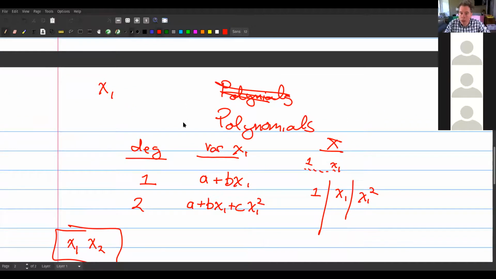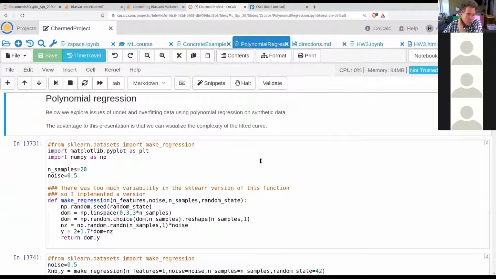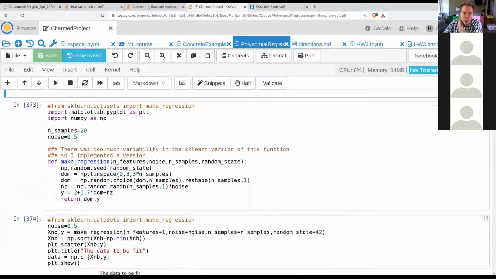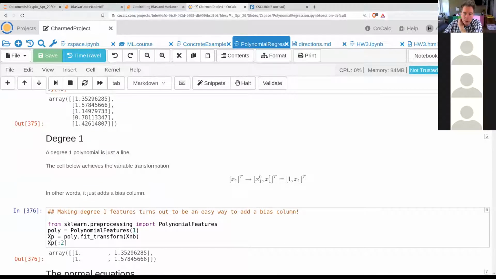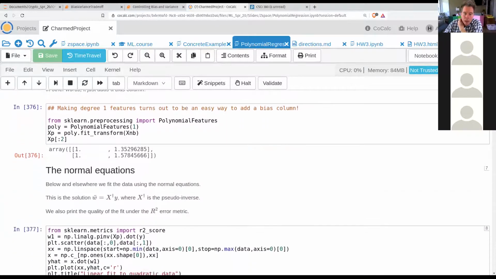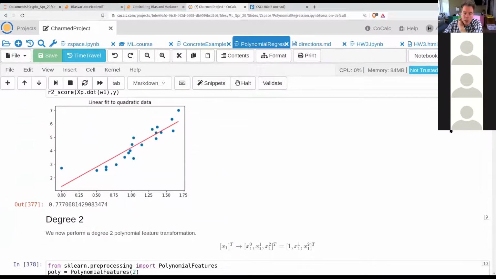So let's come back to polynomial regression. So now we're going to do regression on this data set. And so we've been doing linear regression. So we can do linear regression and just come up with a line that fits that data. So there's the best fit line. So this is like degree 1.